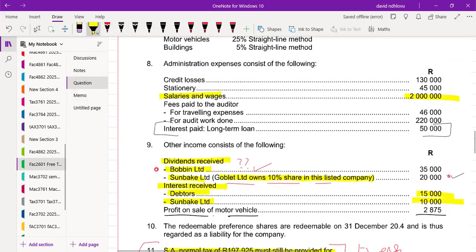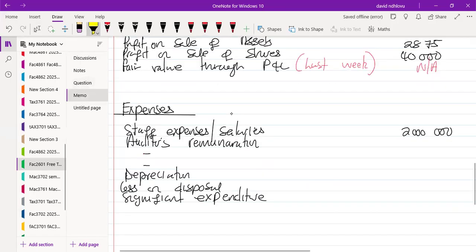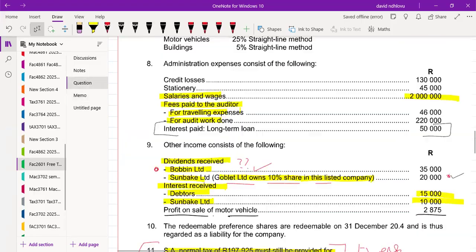Next, audit fees. Right, the fees paid to the auditor: we paid for two things, traveling expense and audit work done. So you indicate line by line here exactly what the auditor was getting money for.